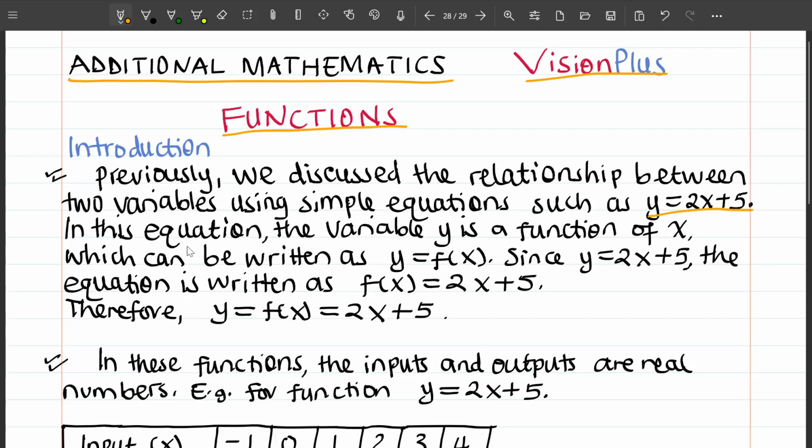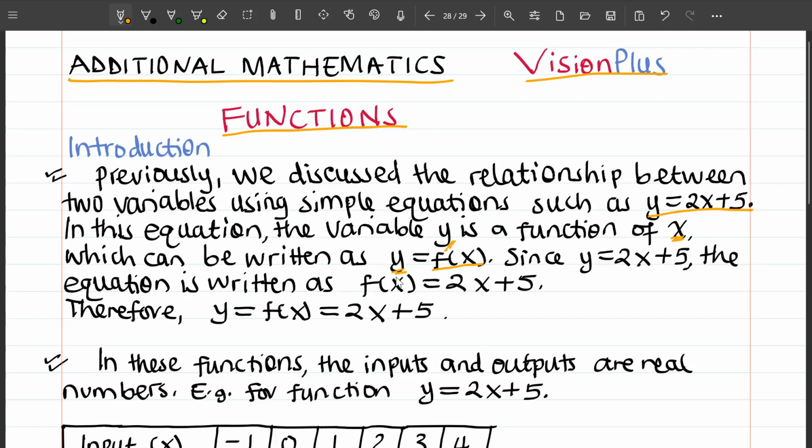In this equation, the variable y is a function of x, which can be written as y equals f of x.